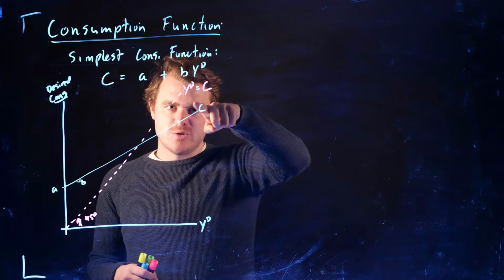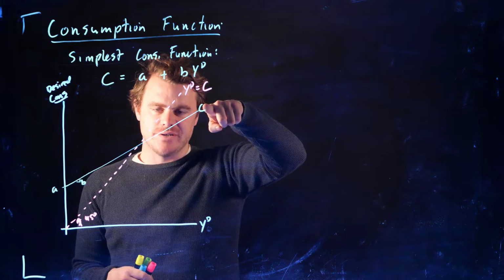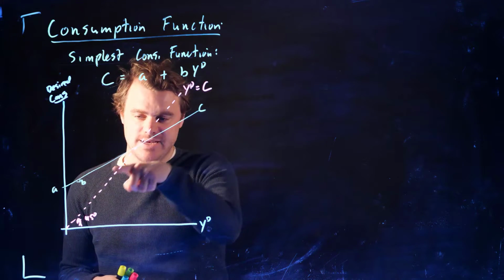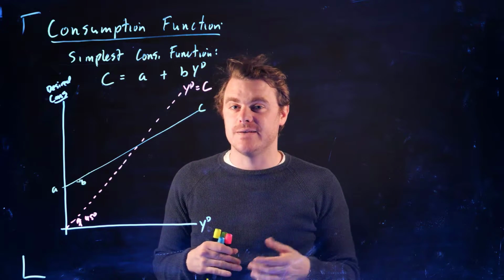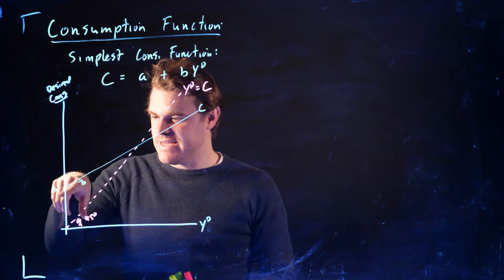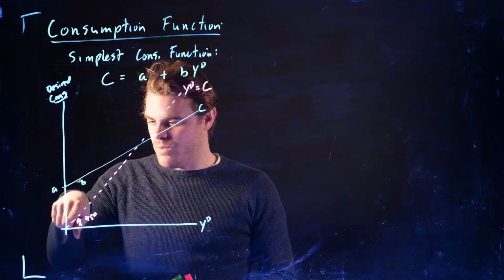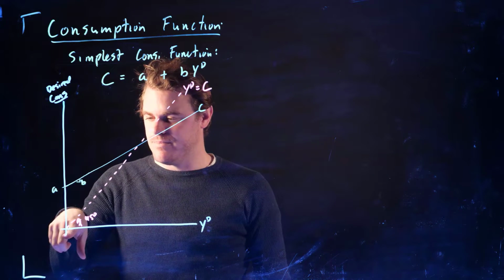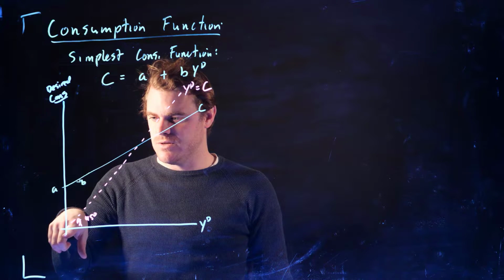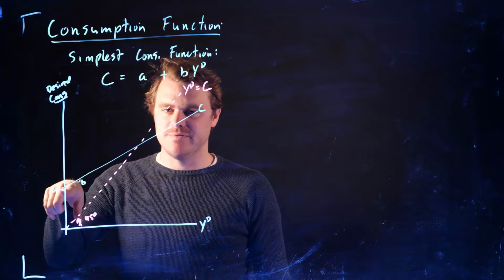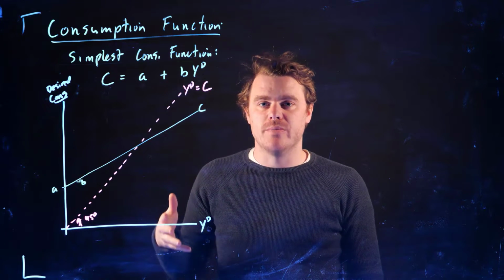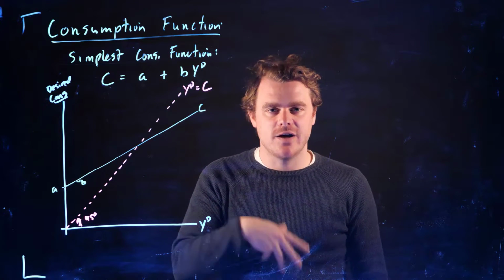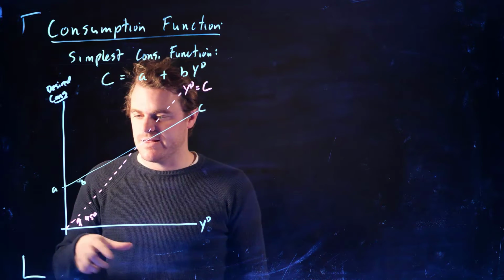So the difference between this consumption function and this 45-degree line tells you something about the savings, right? The idea here is that even if our income is 0, we still have some level of consumption. We're going to have negative savings. We're going to borrow money in order to spend some money on food and shelter and things like that.